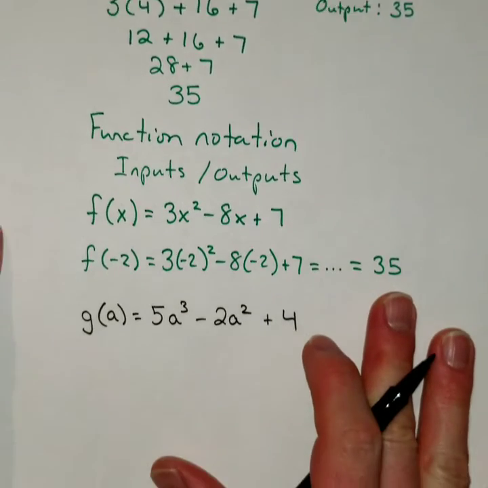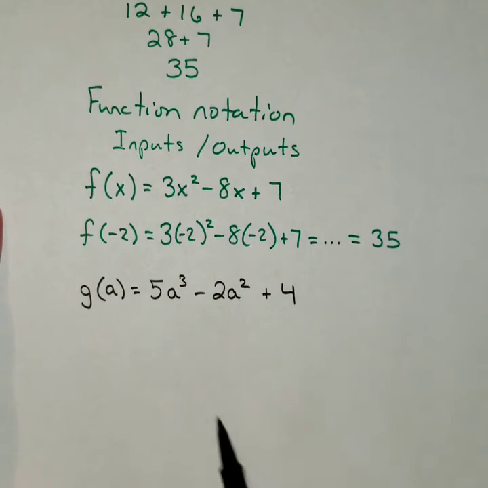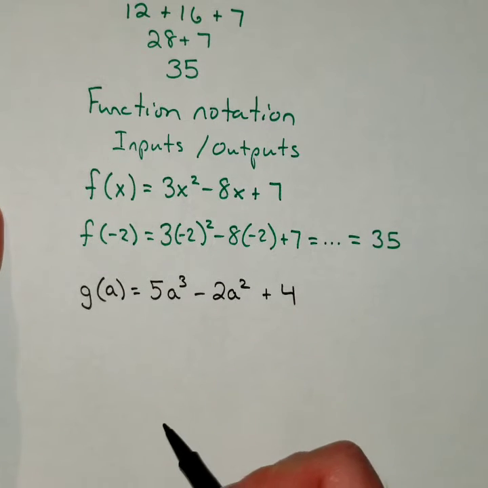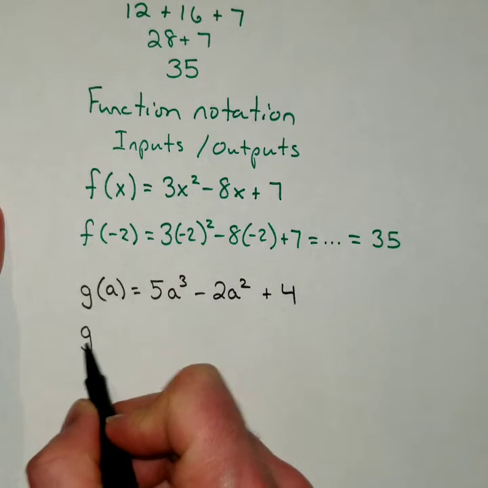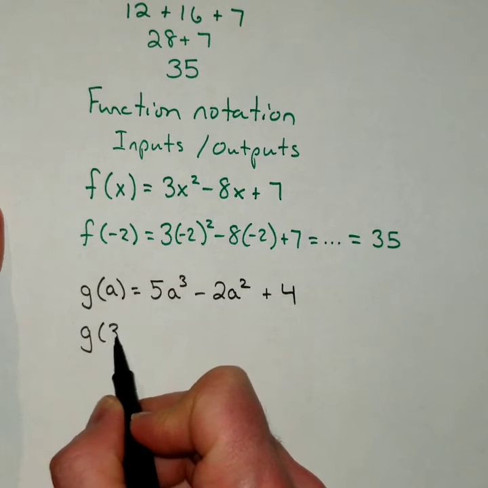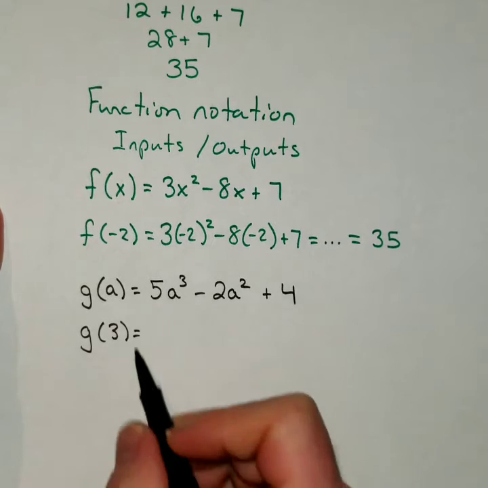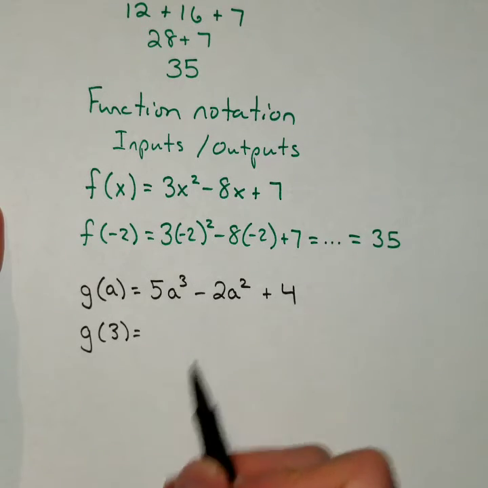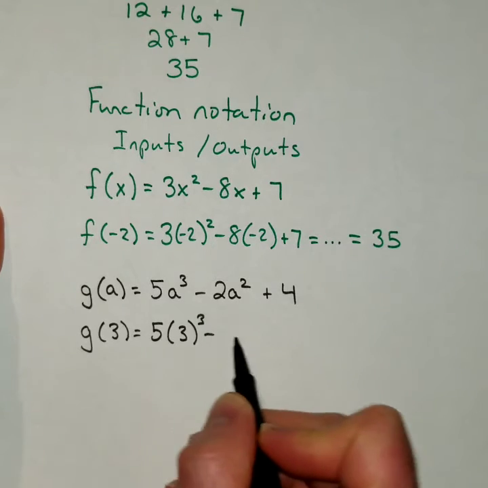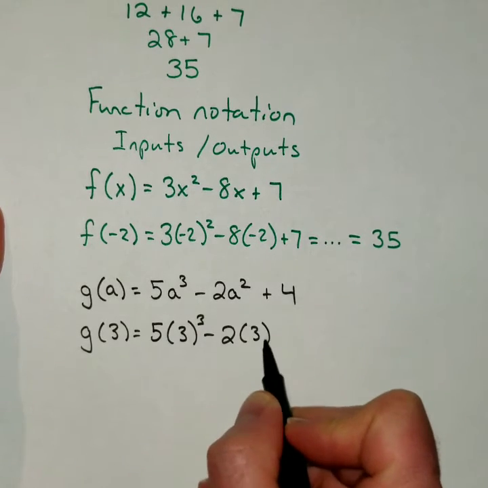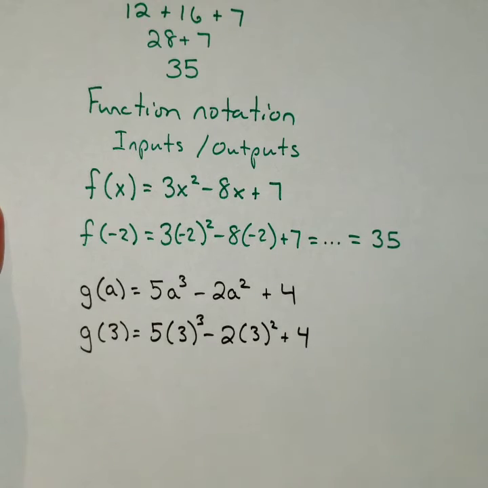Alright, so here I have a new function, a new polynomial. I'm using a instead of x, but it doesn't matter what the letter is. And then let's say I wanted to find g of 3. Well, then I just take that 3 and plug it in for all the a's. So I'd have 5 times 3 to the third minus 2 times 3 squared plus 4.